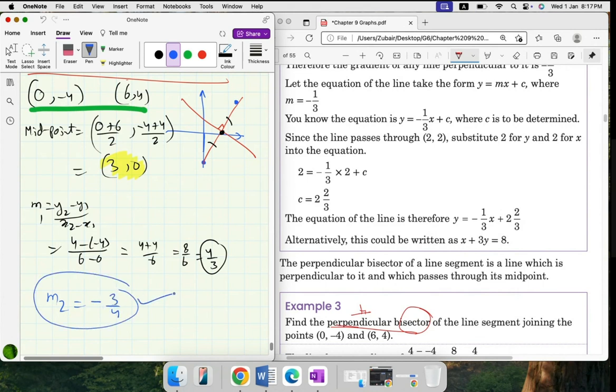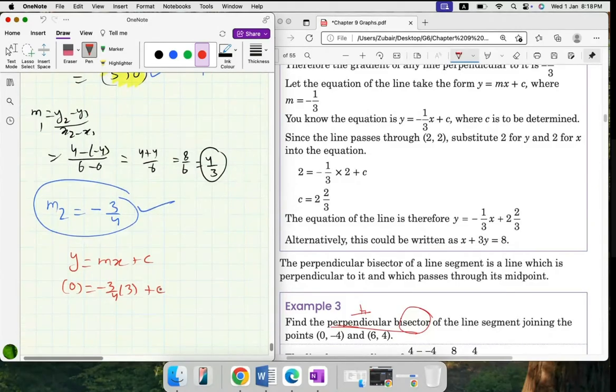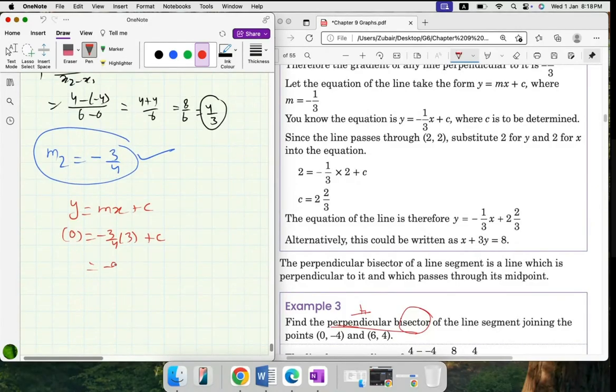Now we have the gradient, we have the point. We can use these two to find the equation of perpendicular bisector. Y equals mx plus c, where y is 0, m is minus 3 by 4, x is 3, and c. So 3 times is minus 9 by 4 plus c equals 0.